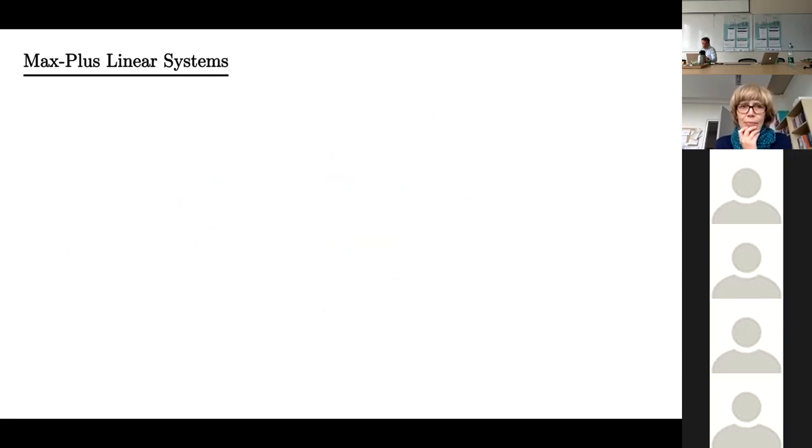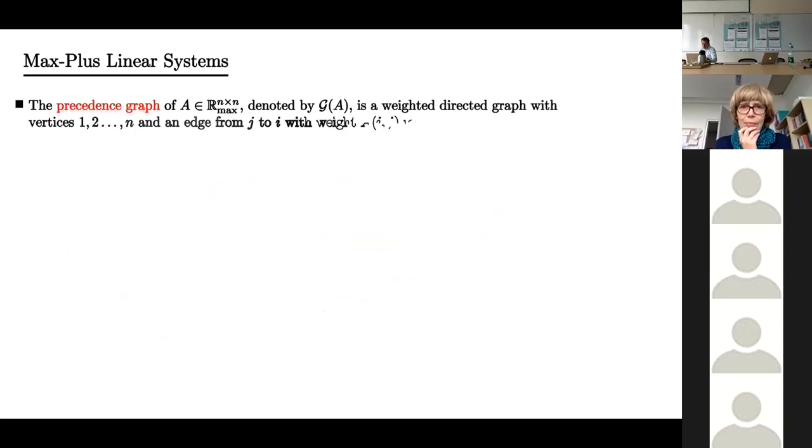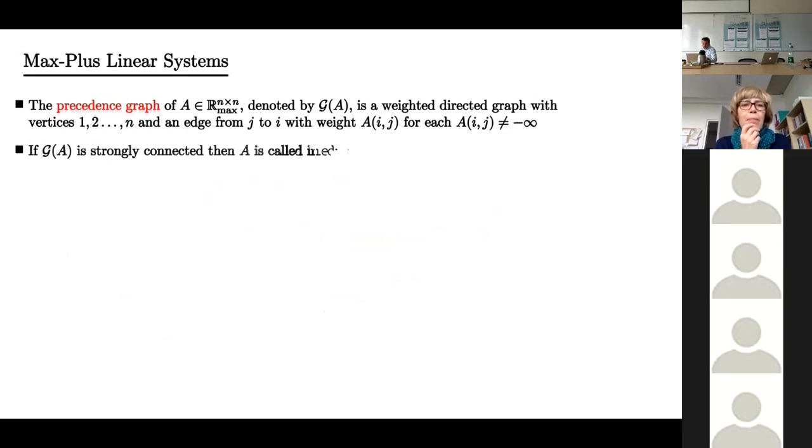The following are some basic notions in MPL systems. The precedence graph of an n-dimensional max plus matrix A is a weighted directed graph with nodes from 1 until n, and there is an edge from j to i with weight a_ij if the corresponding element is not equal to minus infinity. If the precedence graph of matrix A is strongly connected, then A is irreducible, otherwise it is reducible.